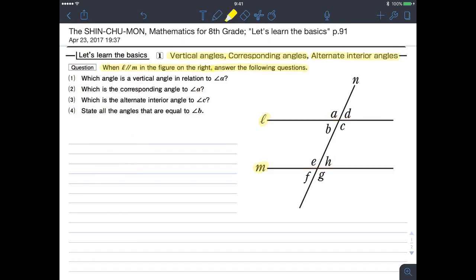Now returning to our figure, we notice that there is a third line, line N. Let's show this line in blue.